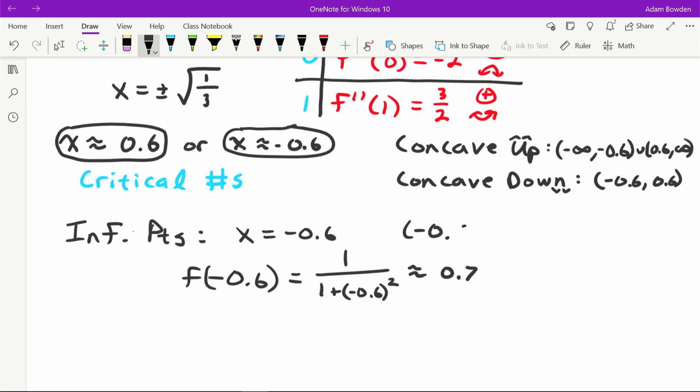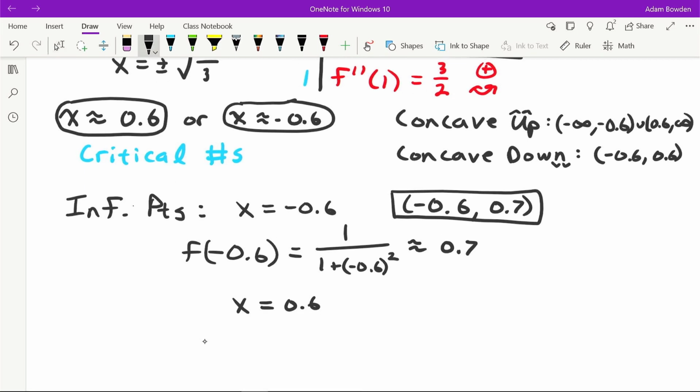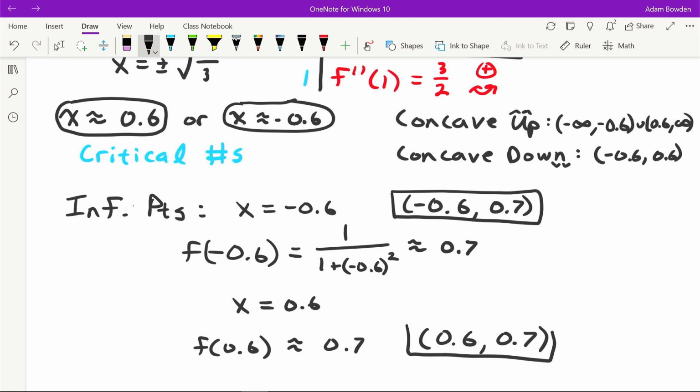So approximately negative 0.6 comma 0.7 is the location of the first inflection point. The second inflection point here, if we plug in the number positive 0.6 into the function, I rounded it also to 0.7. So also positive 0.6 comma positive 0.7 is approximately another location of an inflection point.